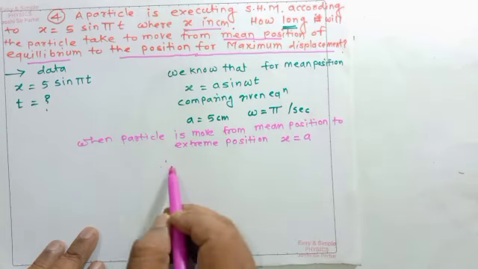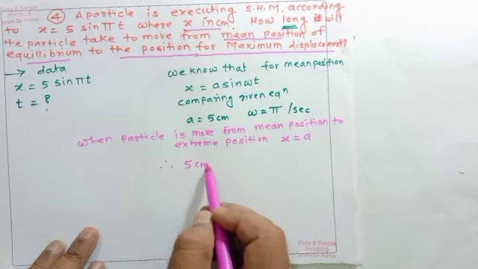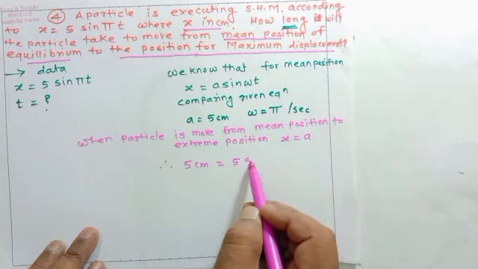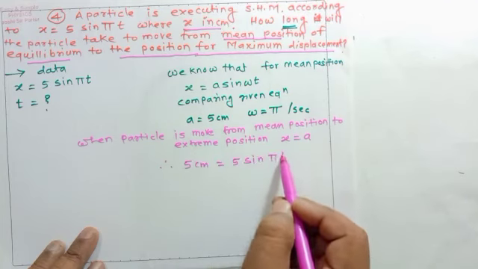So therefore 5 centimeter is equal to 5 sin of pi t.